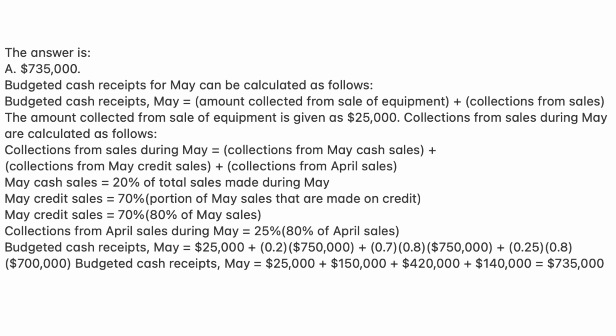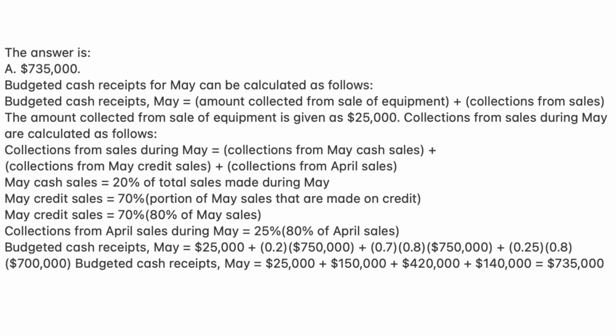May cash sales equals 20% of total sales made during May. May credit sales equals 80% of May sales, of which 70% is collected in May. Collections from April sales during May equals 25% of 80% of April sales.